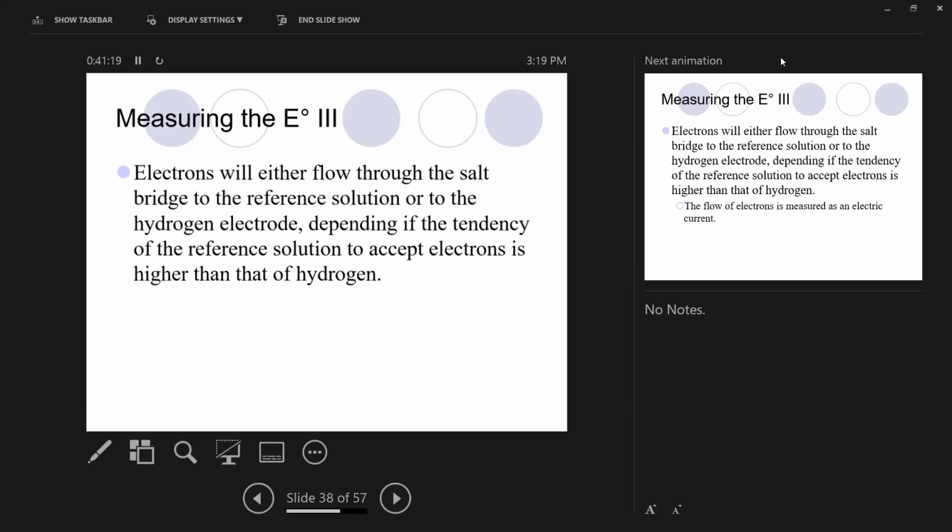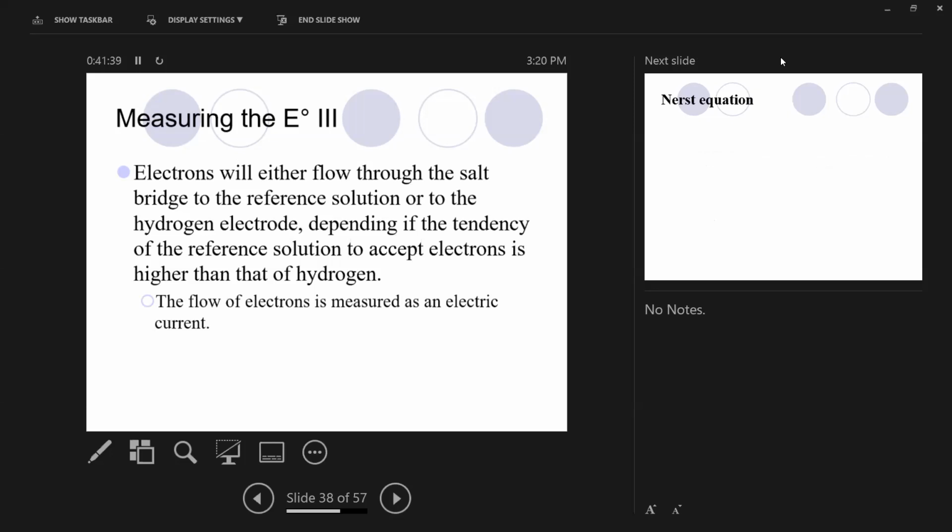And same thing, electrons flow either through the salt bridge to the reference solution or to the hydrogen electrode, depending upon the tendency of the solution to grab the electrons or not. And that flow of electrons you measure as electric current. That's why it's measured as volts or millivolts or whatever.